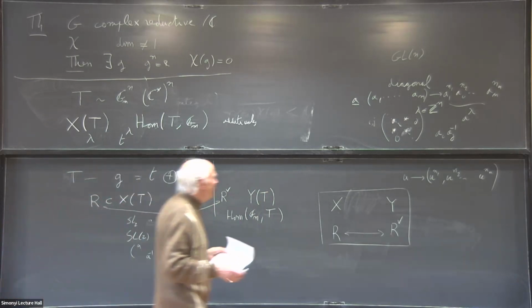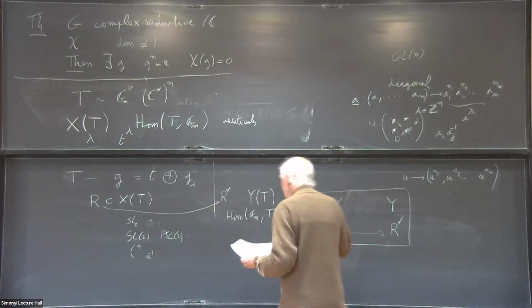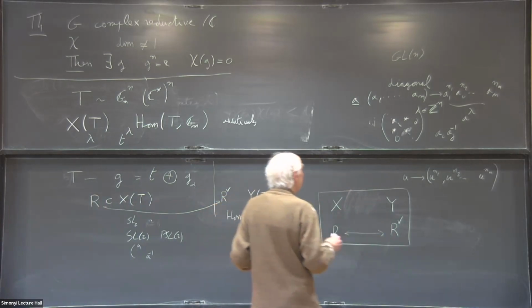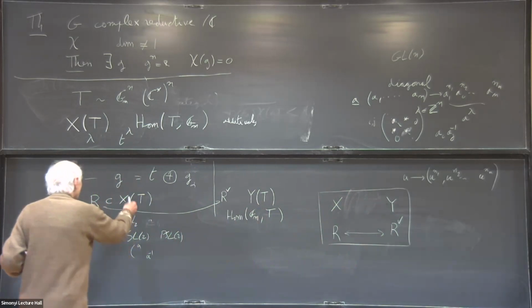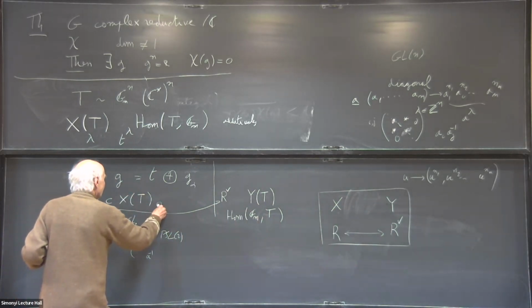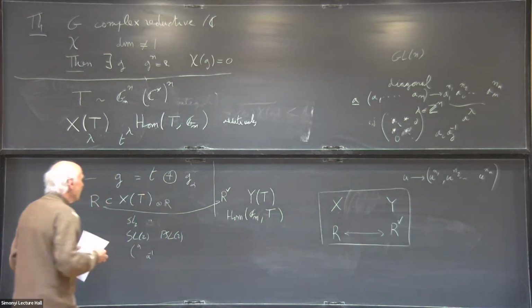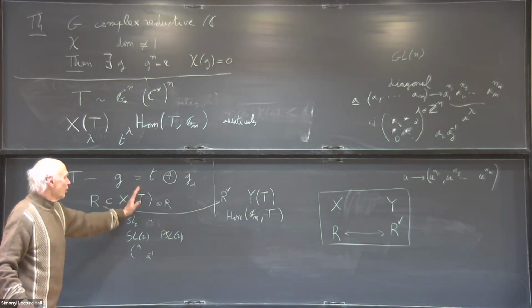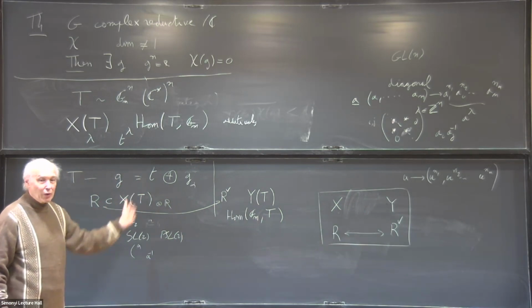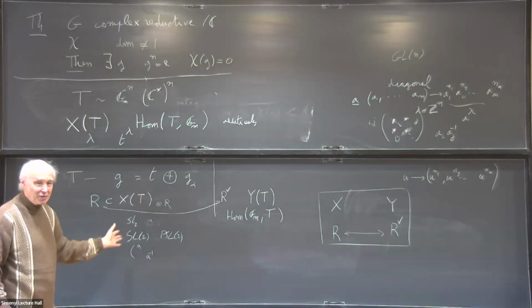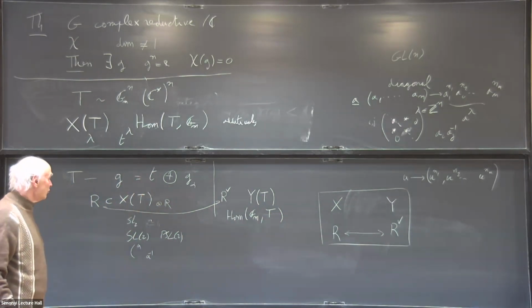Yes, I will still give an example. Oh no, I had one thing to tell in addition. In X of T tensor with R, one takes a general half space, and one can look at the roots which are on one side of this half space, and this will be called positive roots.